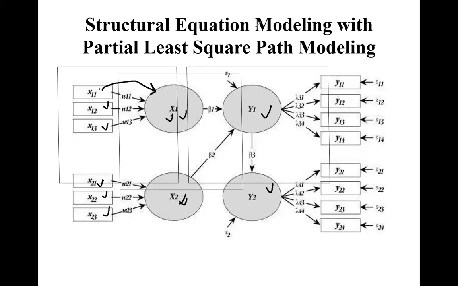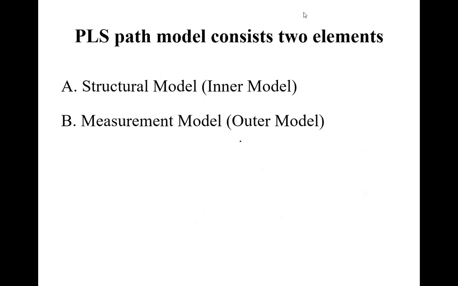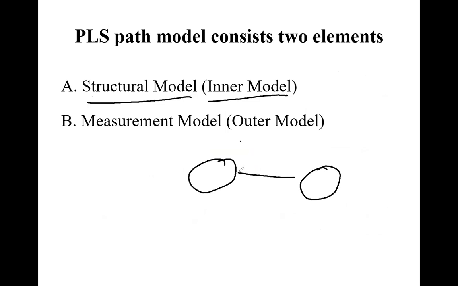So in this model, now you can see the inner part, outer model and inner model. There are two path models. One is the inner model. The inner model is known as the structural model, because it is the relationship of two constructs. And the measurement model is the outer model.